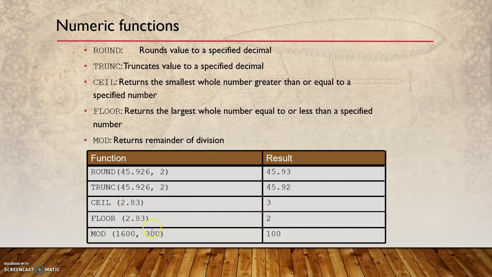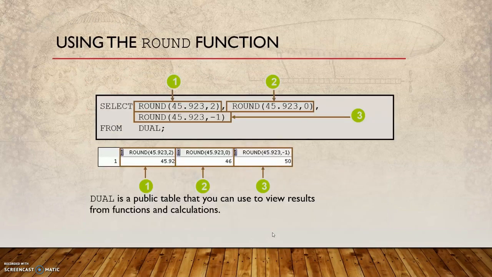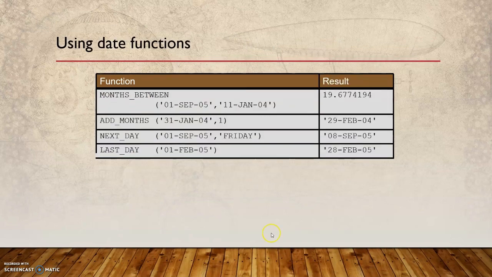Floor is at the lower level, so it returns 2. Mod returns the remainder part alone, because 1500 is exact and you have a remainder of 100, so that returns 100. So there are numeric functions also which could be used in the SQLs.